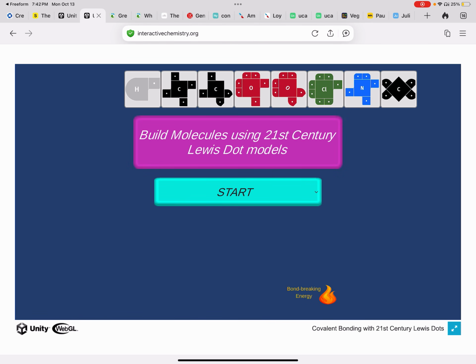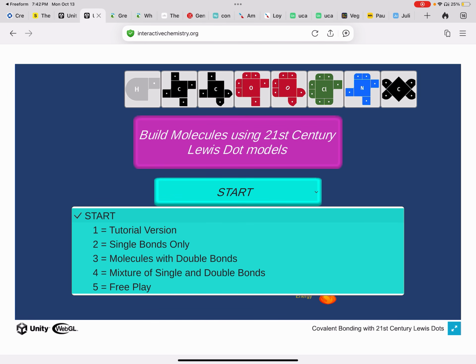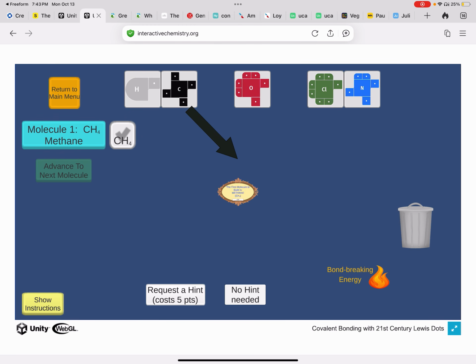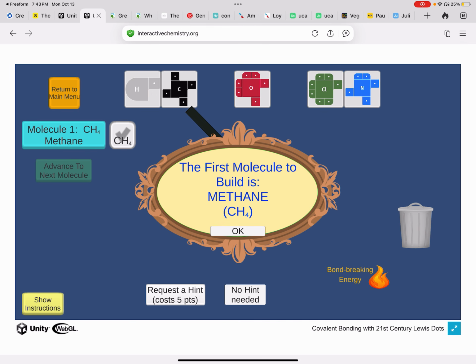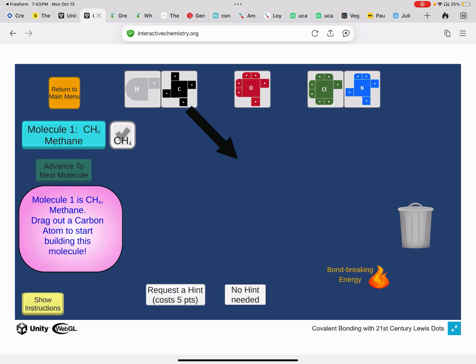All right, so you press start, and then you're gonna go for the single bonds. Remember, I told you you're gonna do single bonds, you're gonna do double bonds, and then you're gonna do free play. So just pretty much read the instructions. The first molecule you're gonna create is methane, CH4. Okay, so that's the formula. You press OK, and then again, just read the instructions.